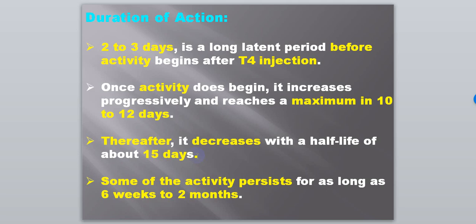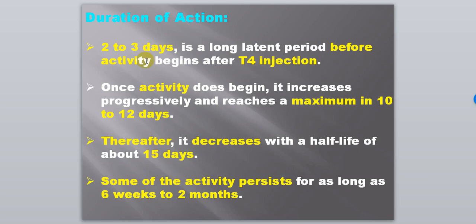The person has a deficiency in the secretion of thyroid hormone. So after injection of T4, we said T4 is the main source of thyroid hormones, which is then converted to T3. So the source of thyroid hormones is T4.